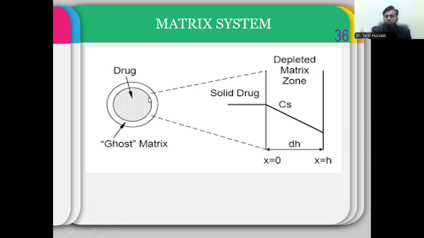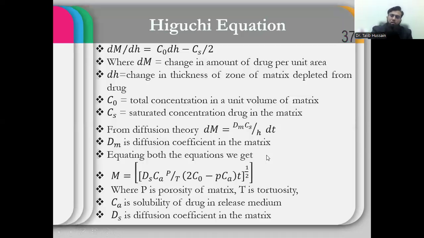So here, if the first line is this one where x to travel by the drug is 0, then the last membrane is at the distance h, if x is h. So the concentration can be written as follows: here is the concentration Cs, the saturated concentration, which is the saturation of this polymeric matrix, and here will be the concentration C, which will be out of the membrane side, or in the dissolution medium.